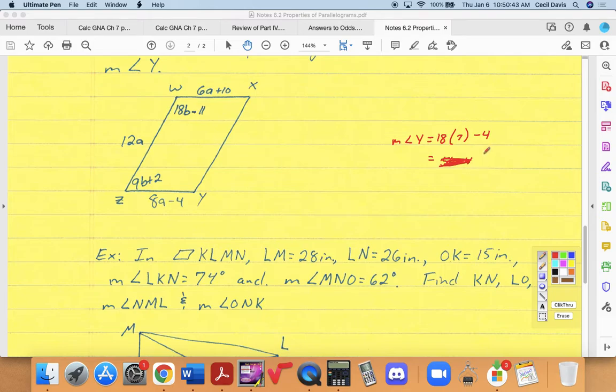Oh, I totally looked at the wrong place. So that's 70 plus 56 is 126, minus 11. 115. Is it 115? Yes.